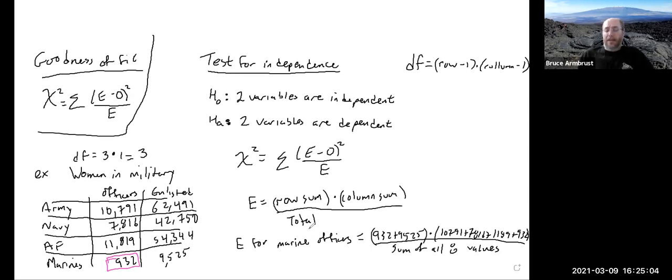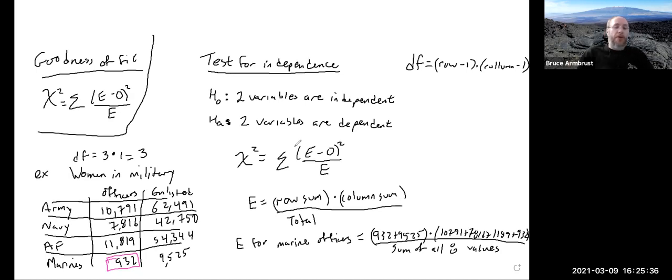Go back and look at your probabilities, and you'll see that for conditional probabilities, there was a formula that involved multiplication and all that, and that's what this is coming from. But it's really kind of the same idea. We're still trying to fit it to an expected distribution. It's just that the expected distribution is coming from independent probabilities.